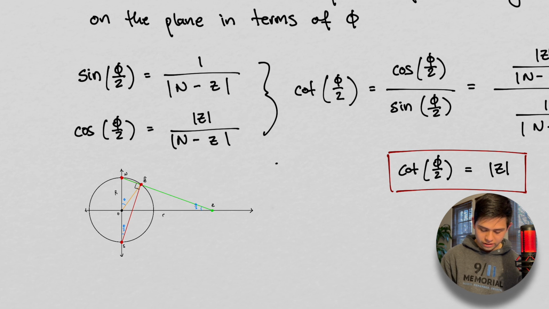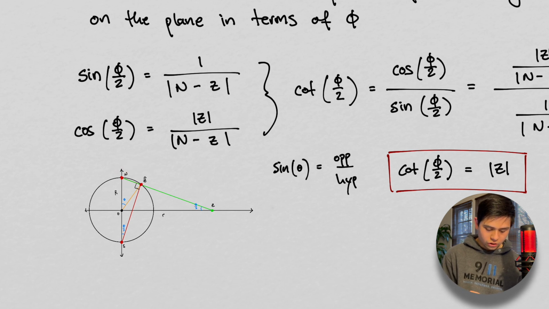If you remember from trig, sine of some angle is equal to the opposite over the hypotenuse. So the opposite, if we're taking r to be 1, here's our r, and here's our hypotenuse, n and z, that distance.